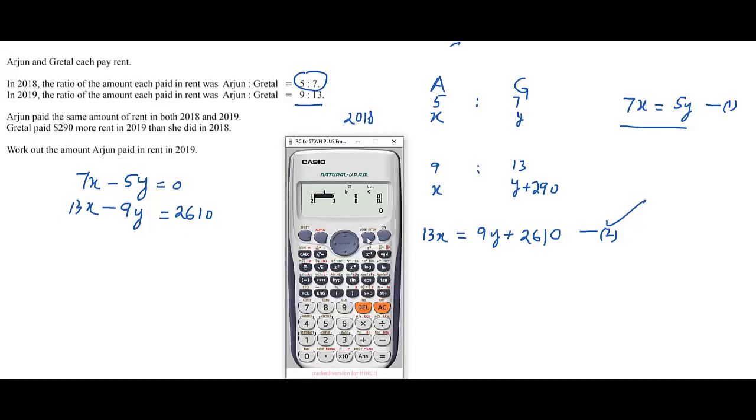Press the mode and then 5, and number 1 is the simultaneous equation. Put the coefficients 7, minus 5, 0.